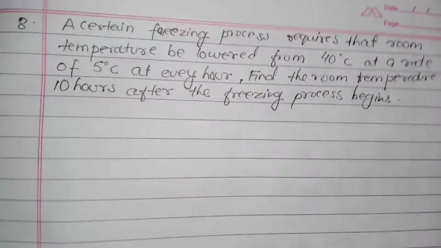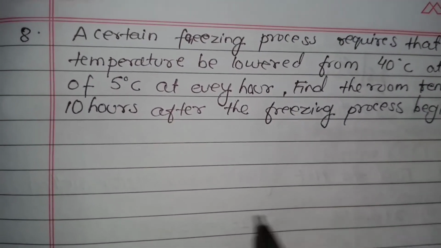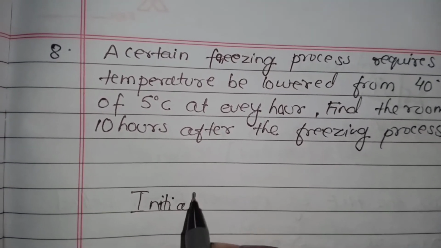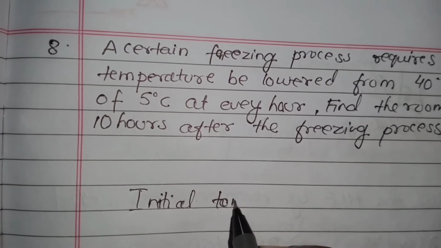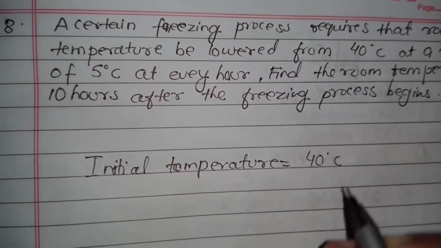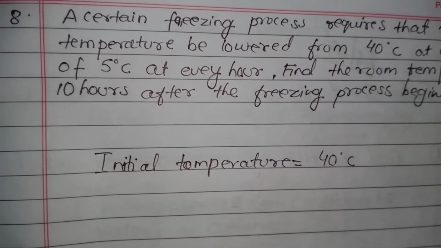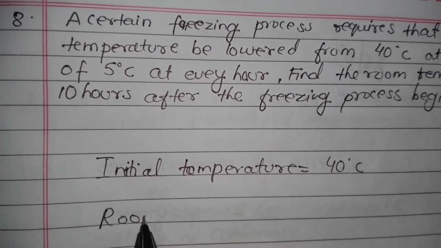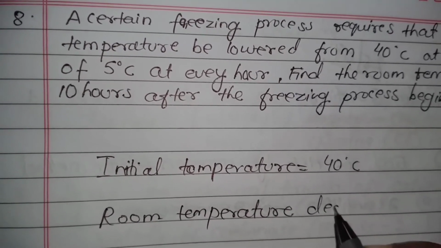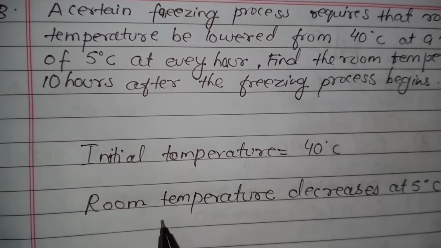So let us start. The initial room temperature is how much? Initial means at first what is the temperature? It is 40 degrees. So we write initial temperature is 40 degrees. The room temperature decreases at 5 degrees per hour.